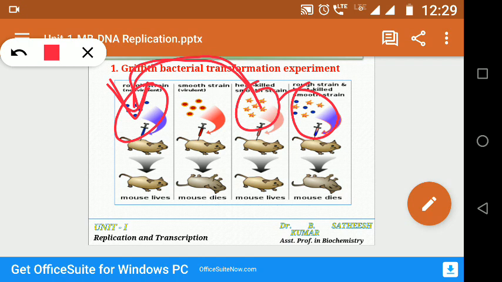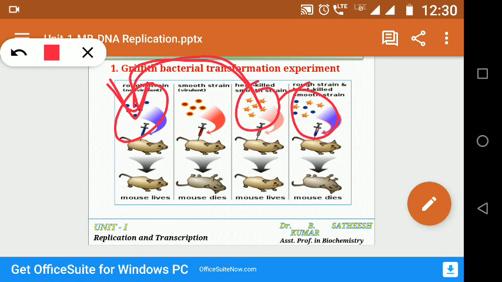After that, three other investigators named Avery, McLeod and McCarty further investigated this same experiment, and they found out that the transforming genetic principle is nucleic acid.